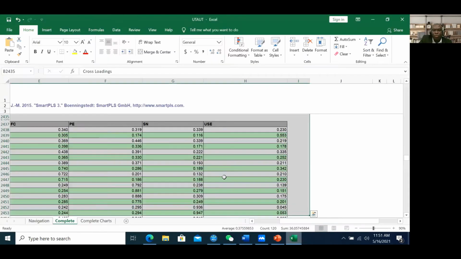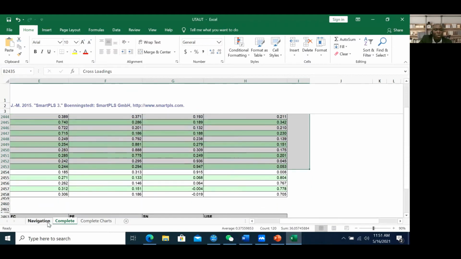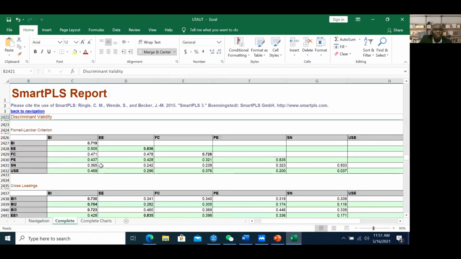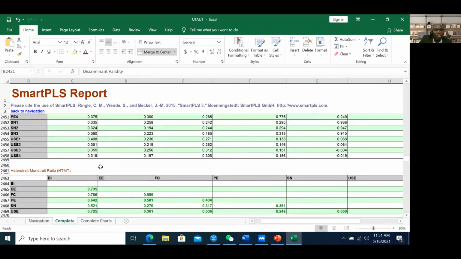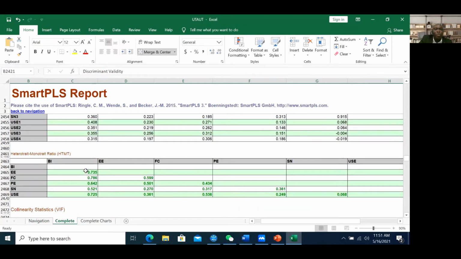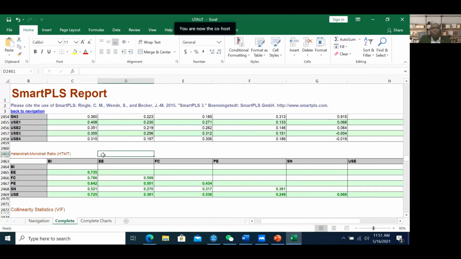The next measure we're going to look at is the HTMT, the heterotrait-monotrait ratio. The rule for assessing the HTMT is that the values have to be different from 1. Some researchers have also suggested that it should be less than 0.9.